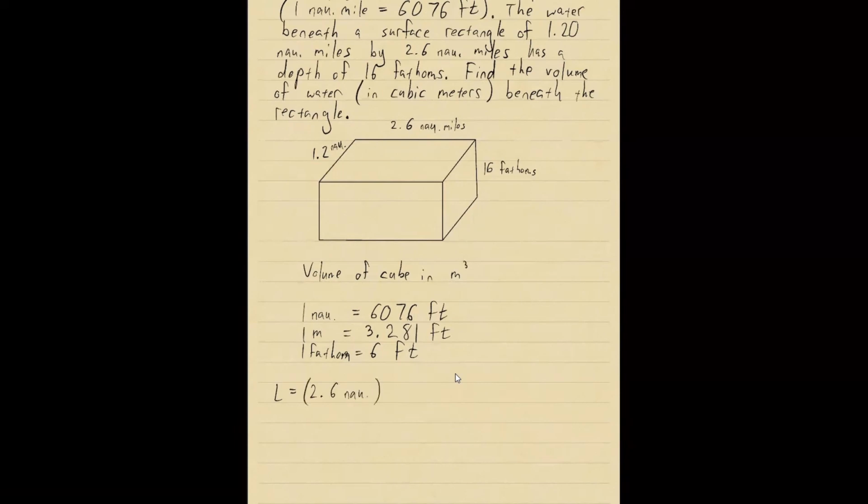We'd like to convert that first into feet and then into meters. So we know that there are 6,076 feet in 1 nautical mile.